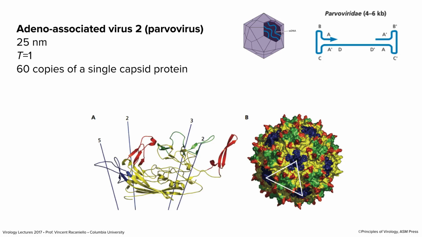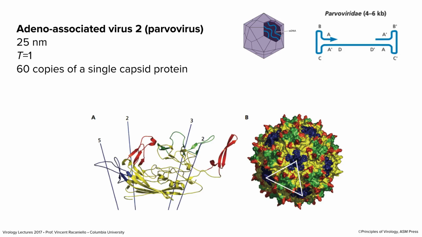Again, these are simple virus particles, 25 nanometers in diameter. They're made of 60 copies of a single capsid protein. This is an illustration of the capsid on the upper right. The genome is a single strand of DNA, linear, with structures at the ends. We'll get into that later on, just so that you start to be familiar with it. Here's the single capsid protein on the lower left.